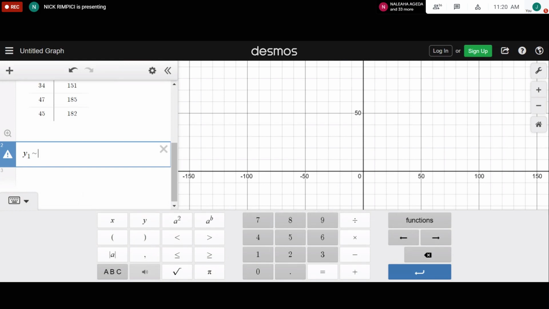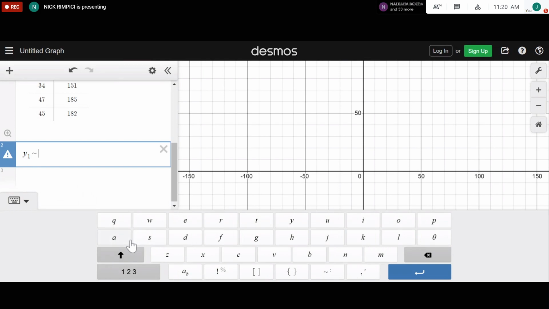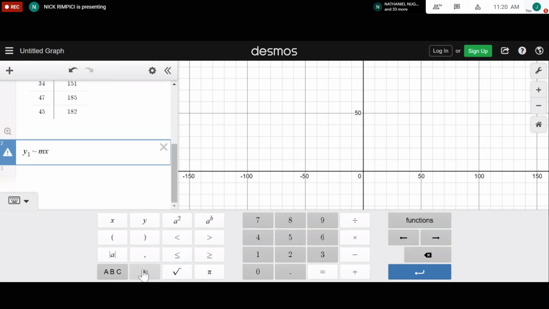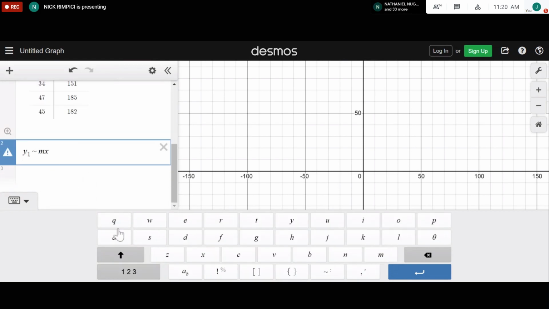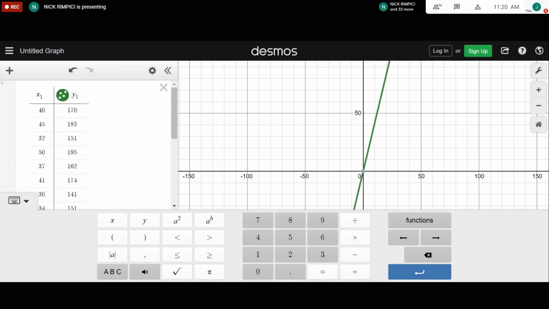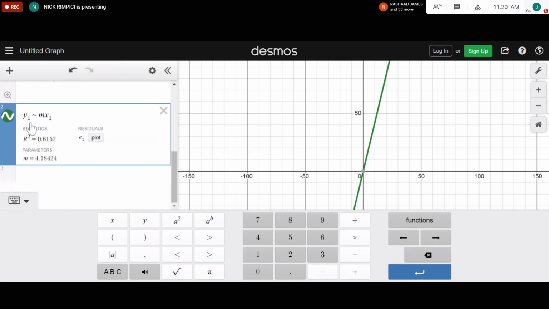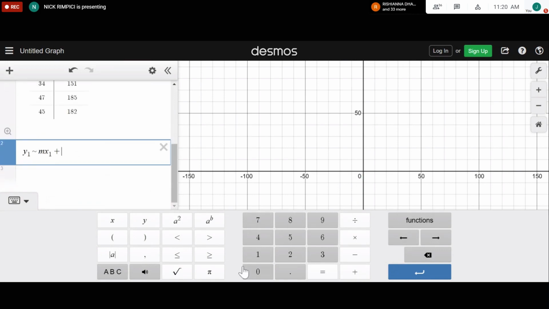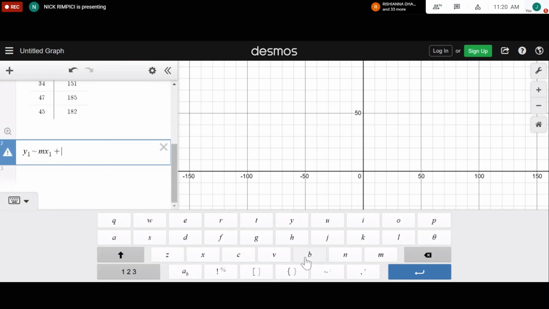So y1 is approximately mx plus b, so mx, but I have to do x sub 1. It's not just mx, because I'm putting my data right in y1 and x1. So y1 is approximately mx1 plus b.